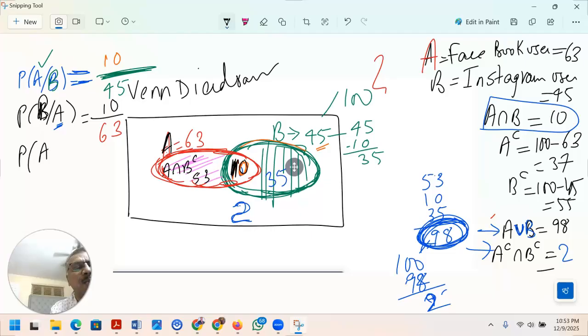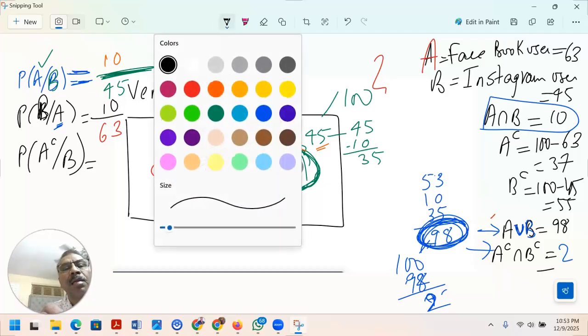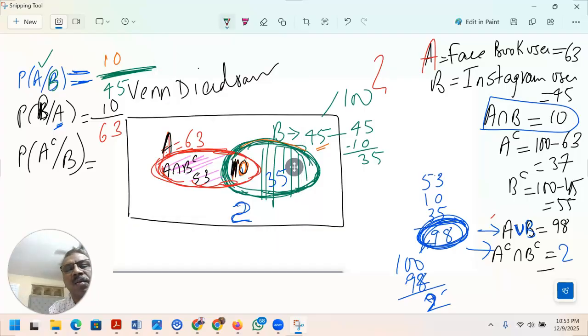Okay. Now what is the next question? What is the probability of A complement given B? What does this mean? Among the Instagram users, and Instagram users are 45, so this will be 45 down. And what are the chances that the student is, this means, not using Facebook? Students using Facebook are 63, so what is the piece within the green other than this red?